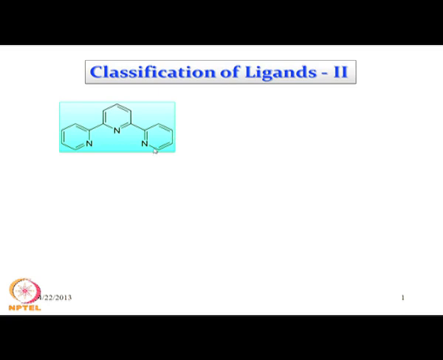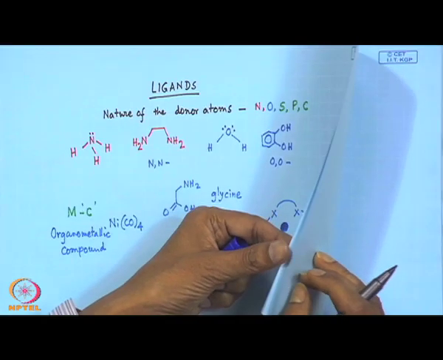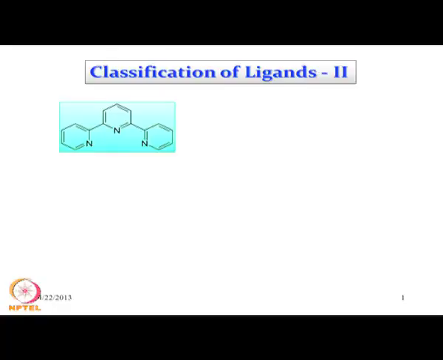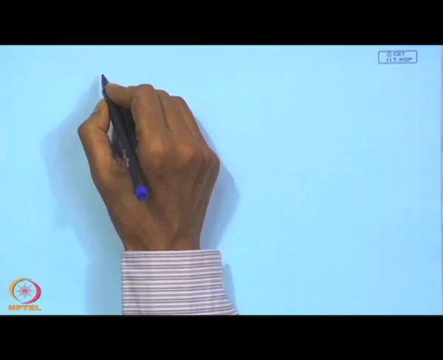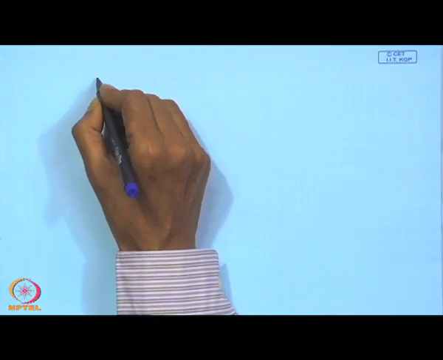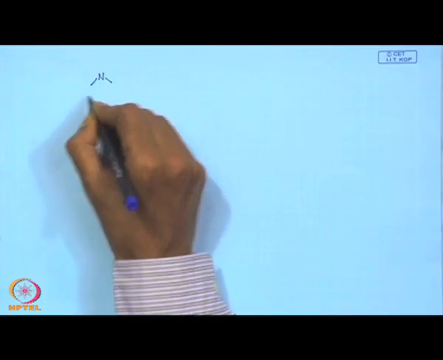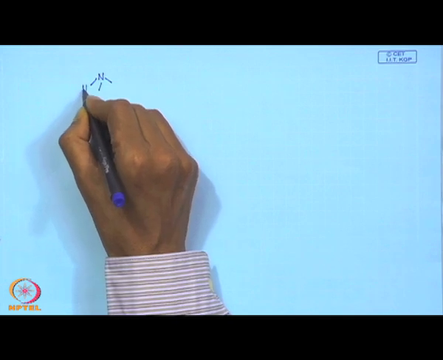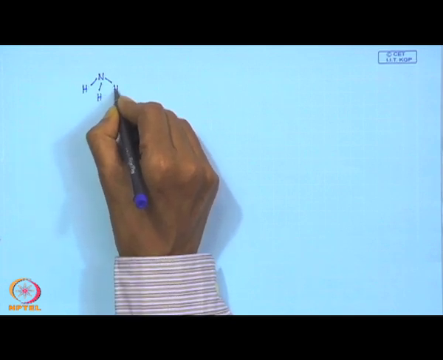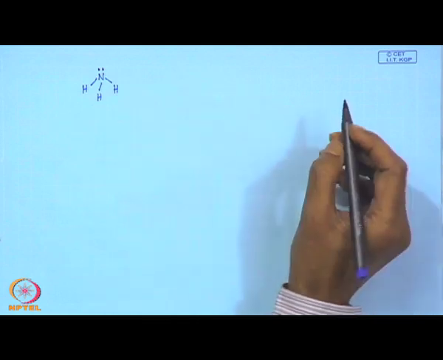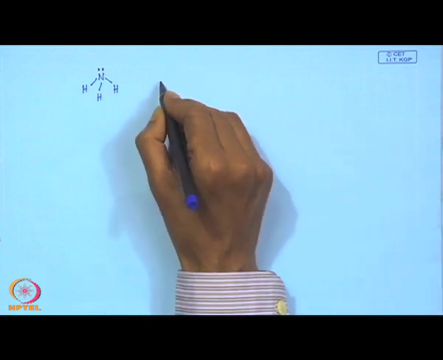We can consider this sort of ligand as having similarity with ammonia. The ammonia lone pair was utilized for the bonding to the metal center.